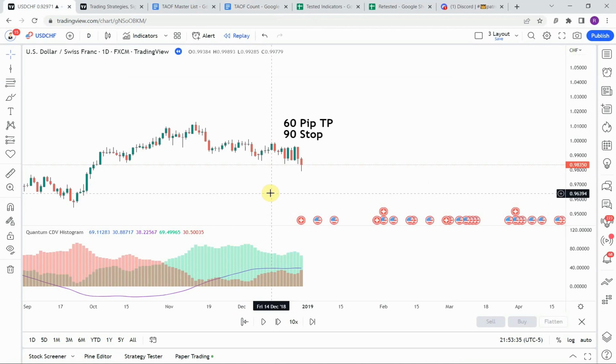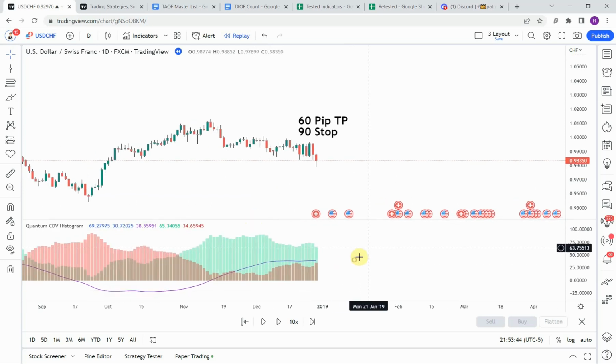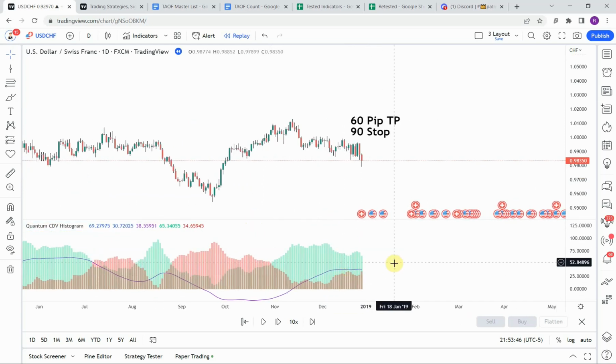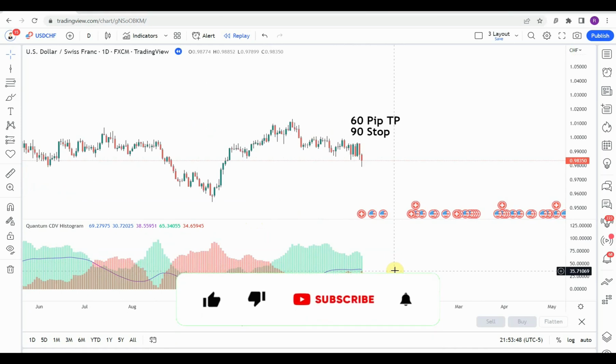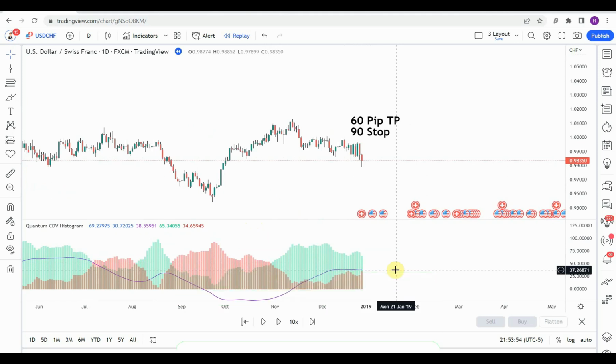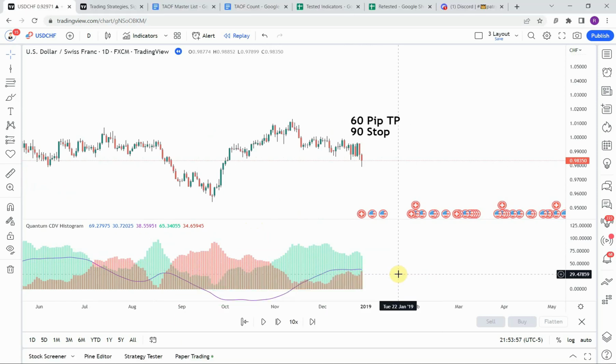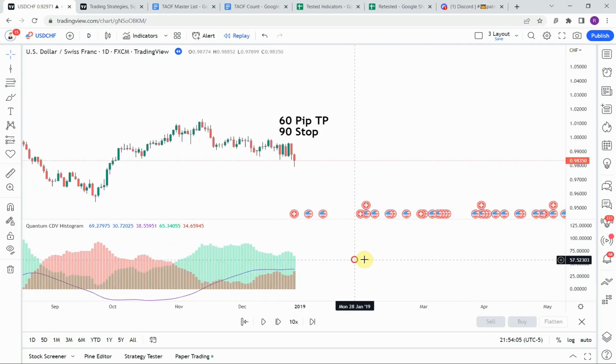Okay, so today's indicator is the quantum CDV histogram, and you can see it here on the bottom of the screen. The indicator consists of a few different parts, so we're going to test it one specific way, just a little bit of a general way to see how it works and what kind of win rate we can get out of it that way, and then we might test it another way depending on how this particular testing goes.